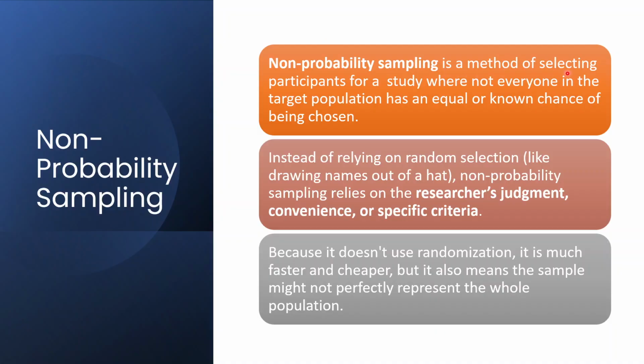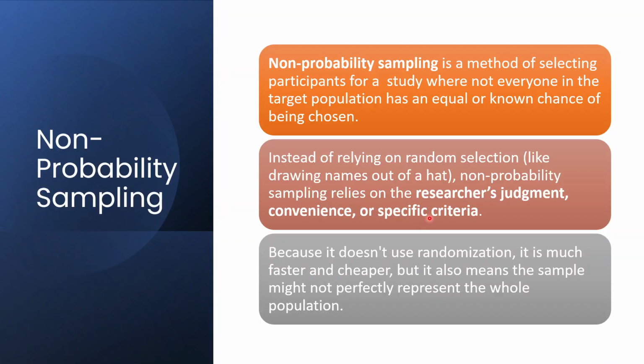Non-probability sampling is a method of selecting participants for a study where not everyone in the target population has an equal or known chance of being chosen. Instead of relying on random selection, it relies on the researcher's judgment, convenience, or a specific criteria based on which I individually pick the elements.